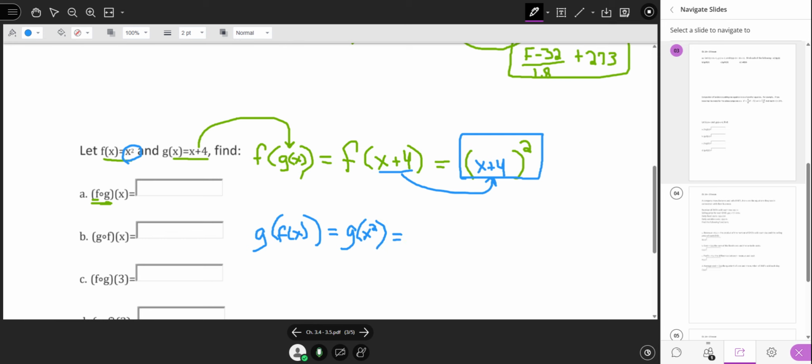And it's easier to do the equation part of it before doing the number parts. Now we start with g, the outside function.